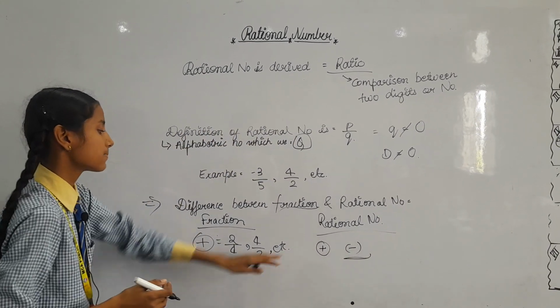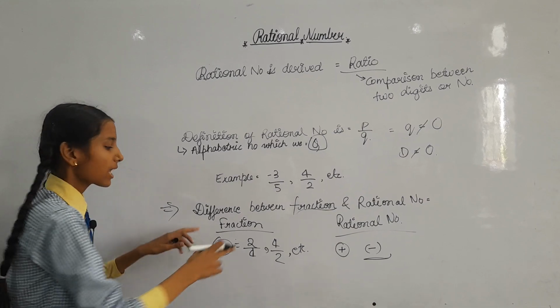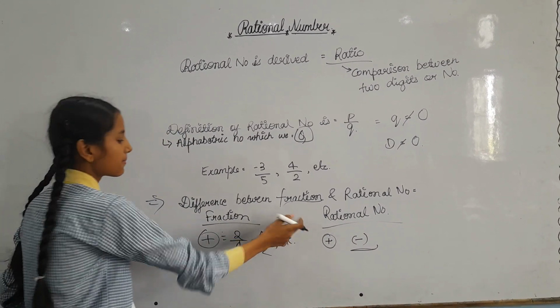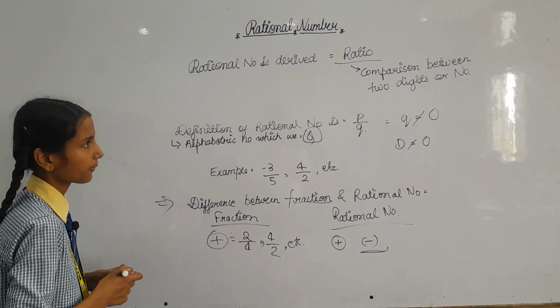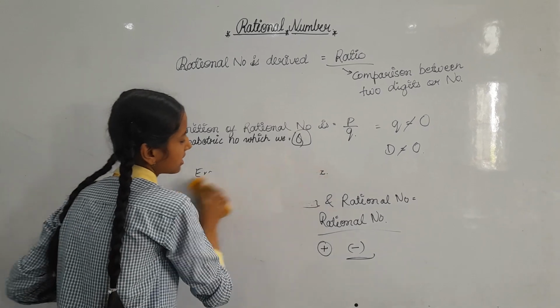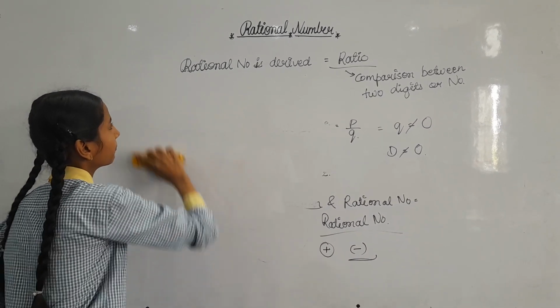So this is the difference between rational number and fraction. All the fractions are rational numbers, but not all rational numbers are fractions. Now I will tell you the diagrammatic representation of rational number.